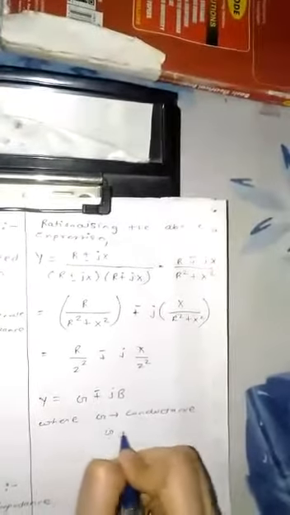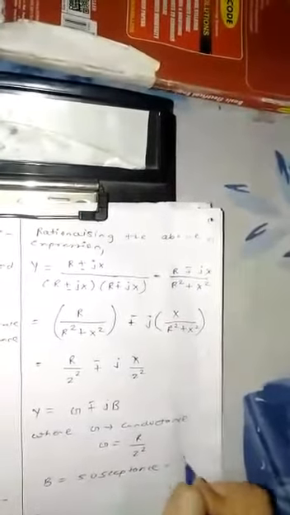Finally we get R/Z² ∓ jX/Z², and Y = G ∓ jB, where G is the conductance, G = R/Z², and B is the susceptance, B = X/Z². So R/Z² is the conductance and X/Z² is the susceptance.